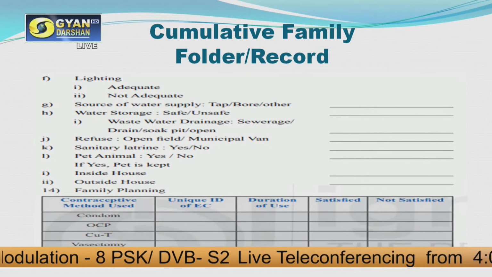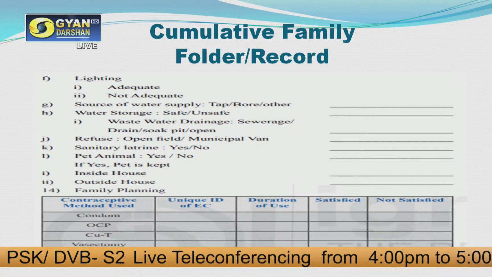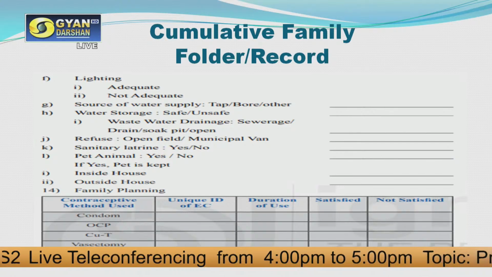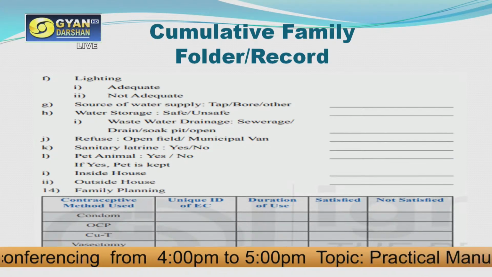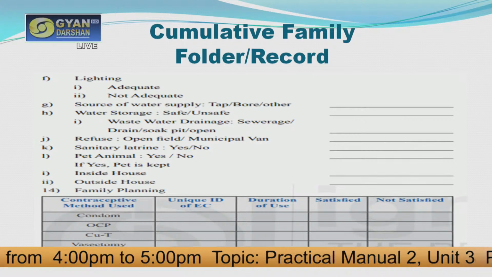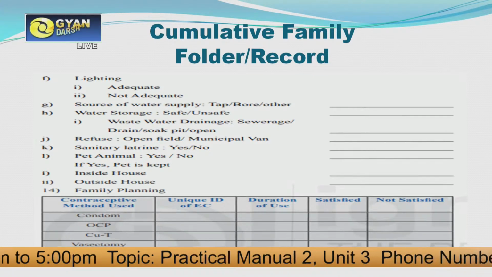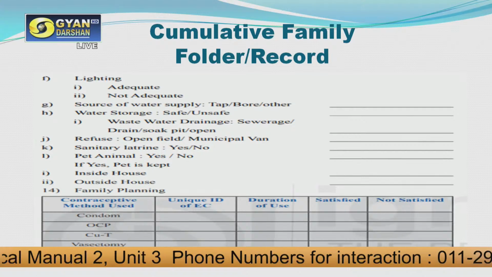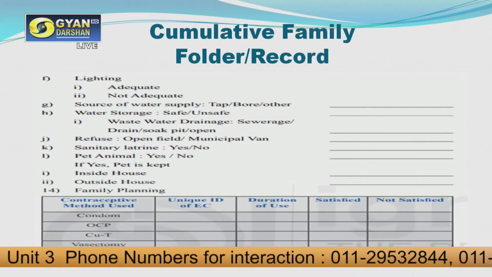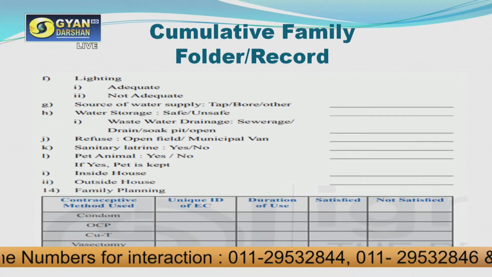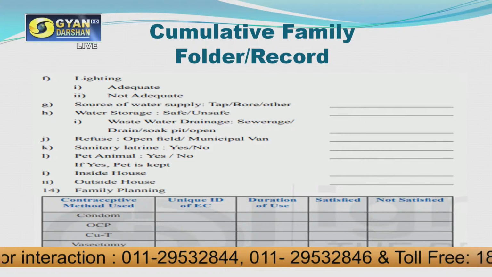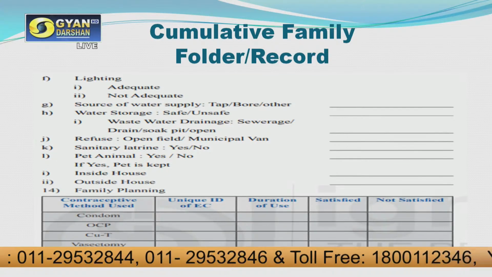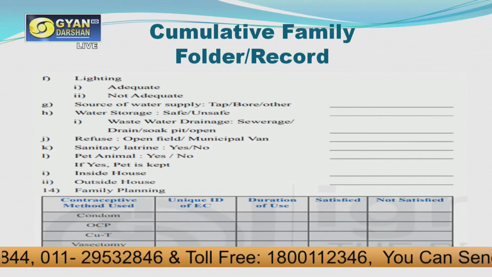Then the source of water supply, whether it is tap water, bore water, or any other. Then water storage, whether they keep safe water for drinking in a hygienic manner or not. Then waste water drainage, whether sewerage is there or a drain is there or not, any soak pit or open latrine.